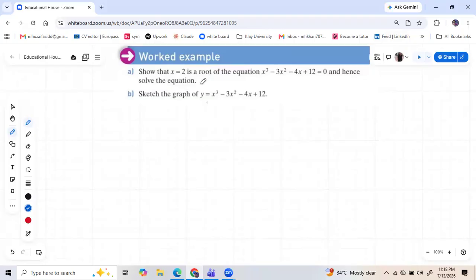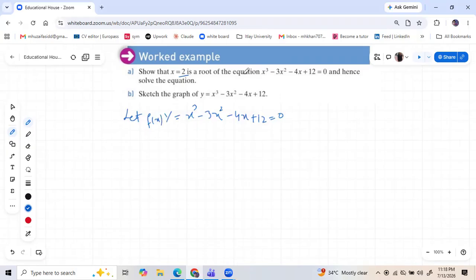Sketch the graph. Look at it here. Our function is what? Suppose I write let y is equal to x cube minus 3 of x square minus 4 of x plus 12 is equal to 0. Suppose here this y is always equal to f of x.